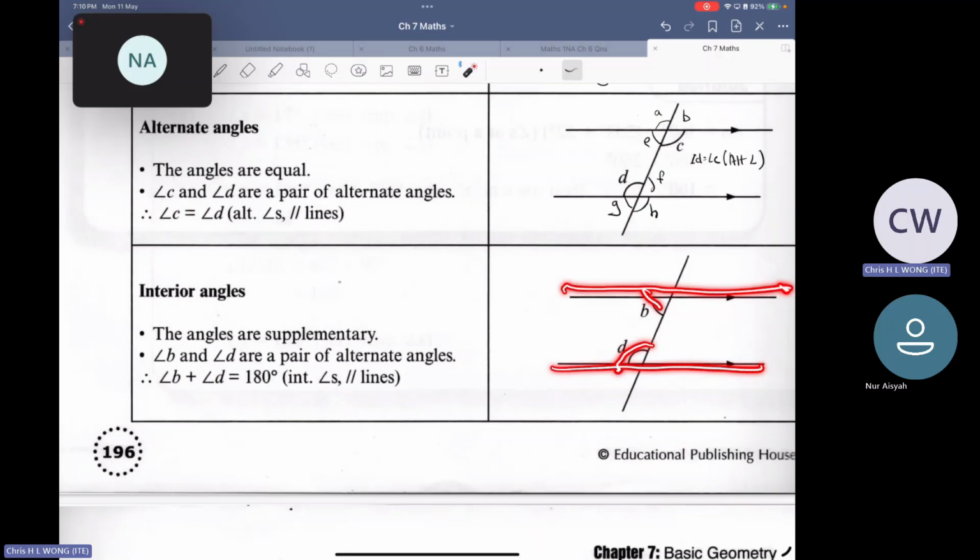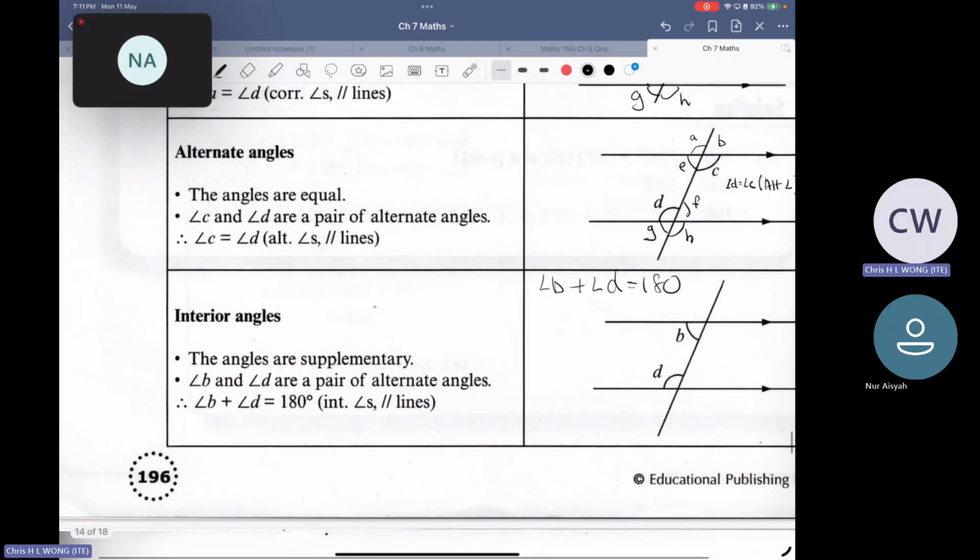So you have B plus D will give you 180. So you have angle B plus angle D equal to 180. If you are telling me this one, it's because interior angle between two parallel lines will give you 180.